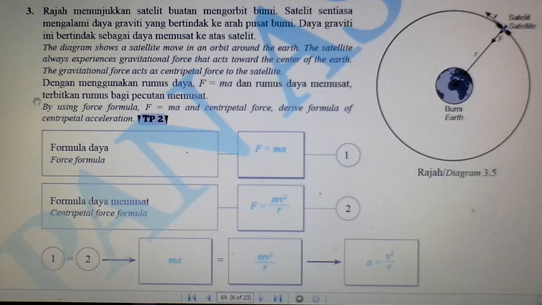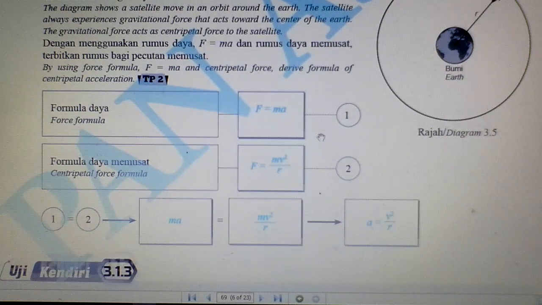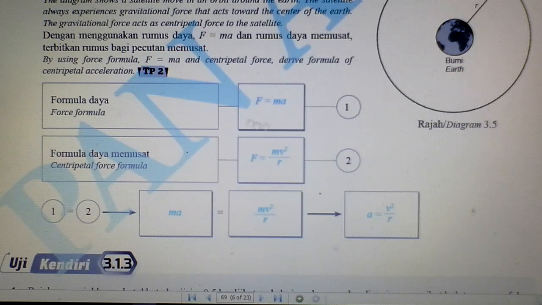Okay. By using force formula, F equals to ma, and centripetal force, derive formula of centripetal acceleration. So we have the first formula from Newton's second law, F equals to ma, and centripetal force, F equals to mv squared divided by r.